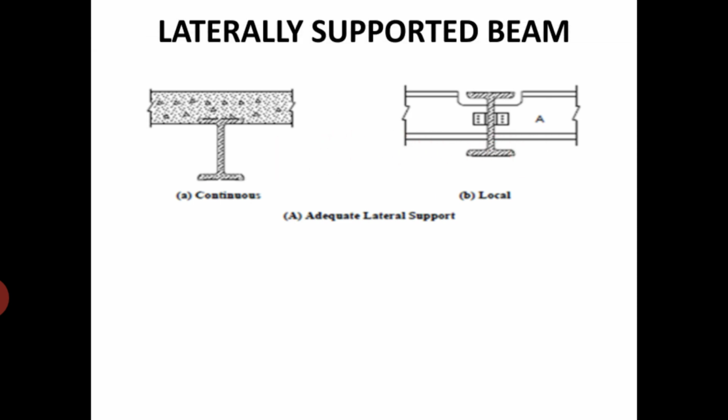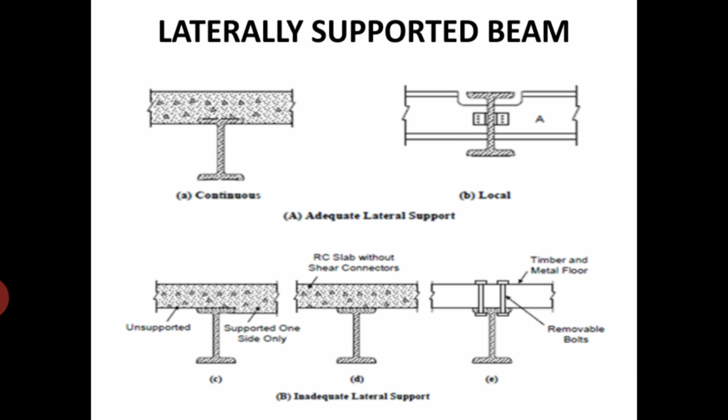So next, if you look at these kind of beams, these are laterally inadequate. They are called as inadequate lateral support. If you look at this one, this is not being provided or supported laterally, just a concrete is being placed over the beam. So what happens here, this I section may buckle sideway, or the rotation may take place.